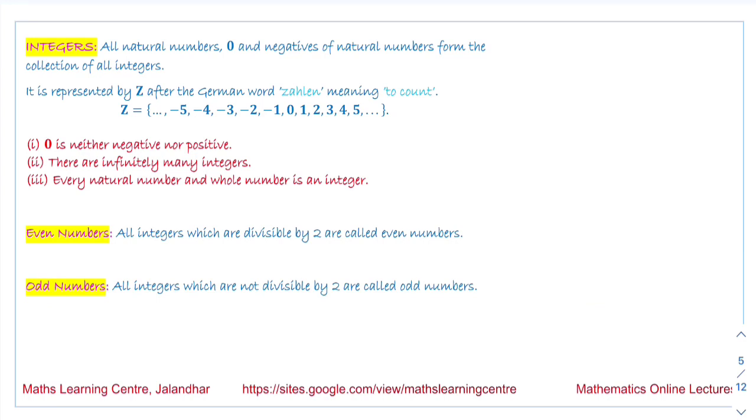Next definition we have is the definition of integers. First we have seen the natural numbers. These are 1, 2, 3, 4, 5, 6 and so on. All these numbers are the natural numbers. All these natural numbers are called the positive integers.